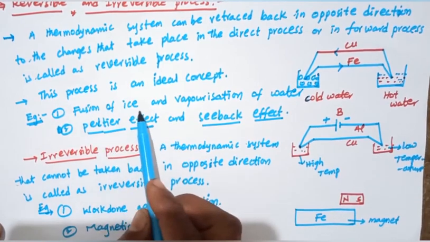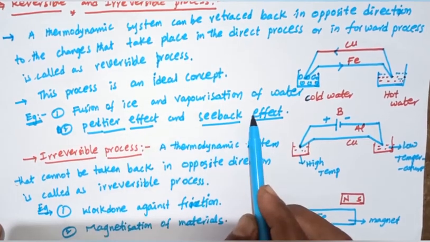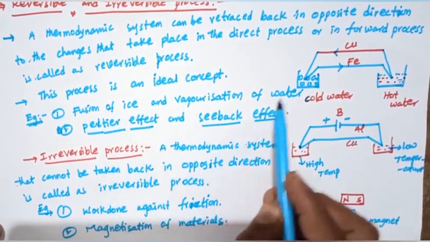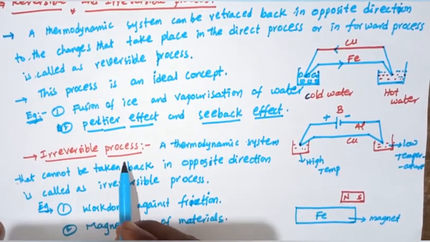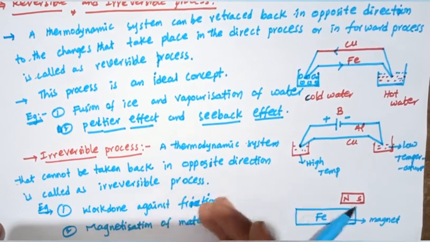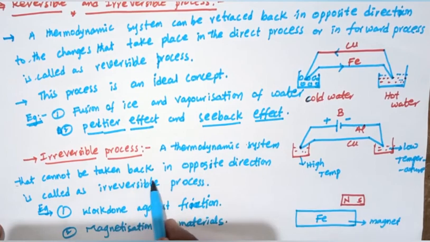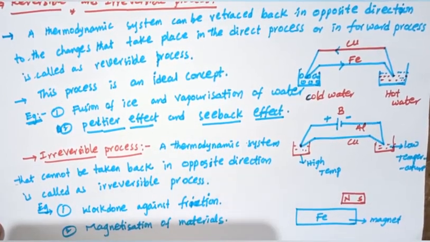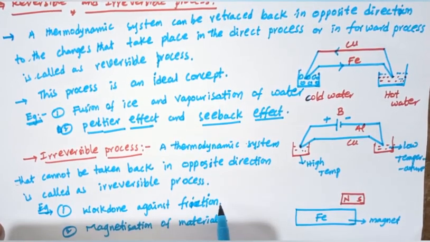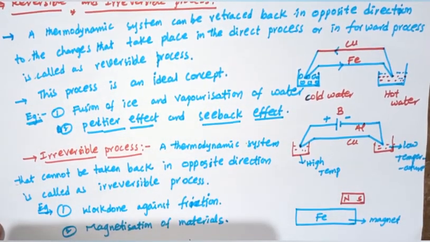Examples are fusion of ice, vaporization of water, and the Peltier effect and Seebeck effect, which are opposites of each other. An irreversible process is one that cannot be taken back in the opposite direction. Work done against friction and magnetization of materials are examples of irreversible processes.